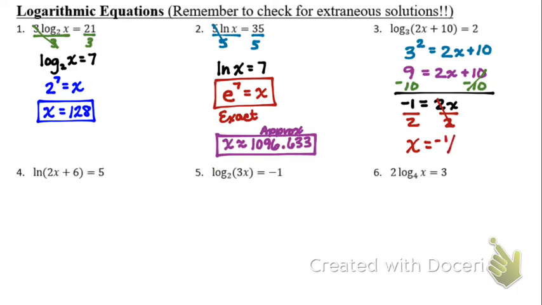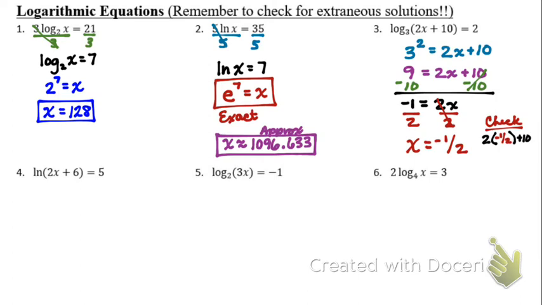No. Wait. Yeah, it's no. So you have to check, right? We have to check. What am I checking for? If the argument is positive. Check to make sure the argument is positive. So I'm going to take this and substitute it back into the whole argument. So 2, and then I'm going to sub in that negative 1/2 plus 10.